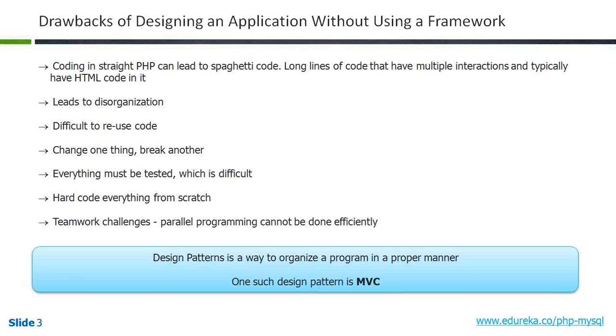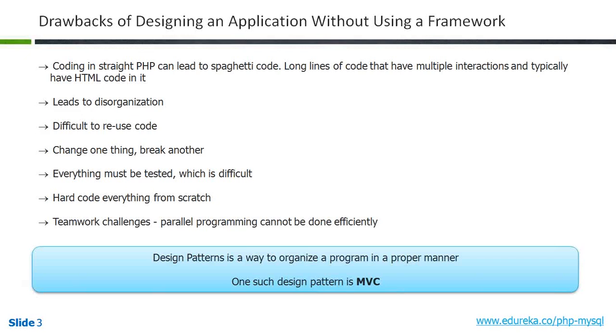So design pattern is a way to organize a program in a proper manner. Many design patterns are there. One such widely used design pattern, mainly used in web application development, is called MVC. So in a normal application development, we are writing everything in the same program itself. The complexity is more.